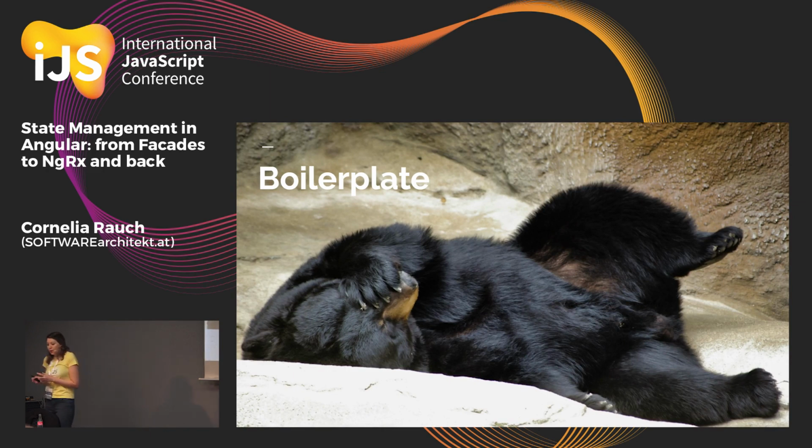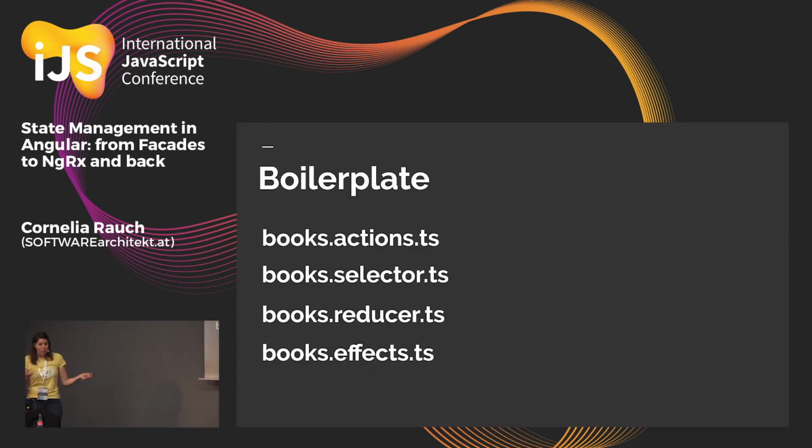And this boilerplate code is by design. It's for all the reasons that we mentioned before. You have to manage your state, and you want to still be aware where state is changed, and you want to reproduce your state. You need this kind of structure, and you need this kind of boilerplate to stay on top of things. So what is boilerplate?